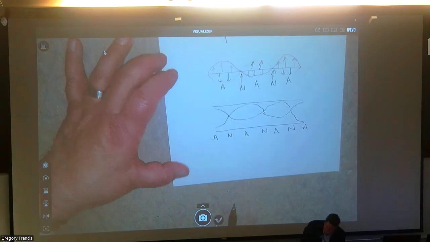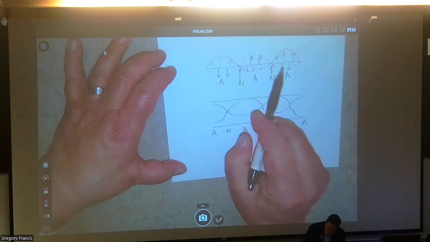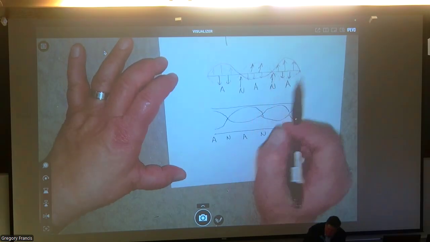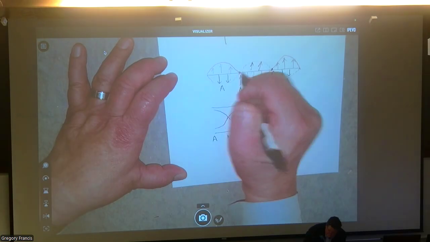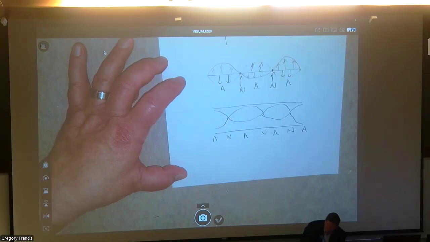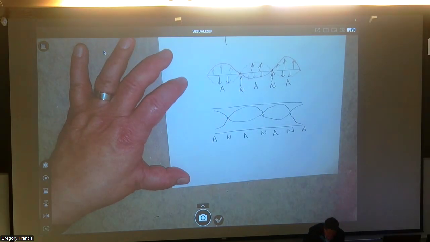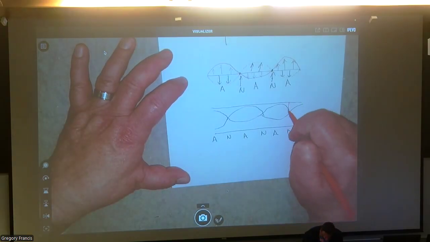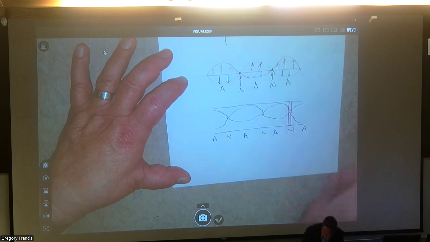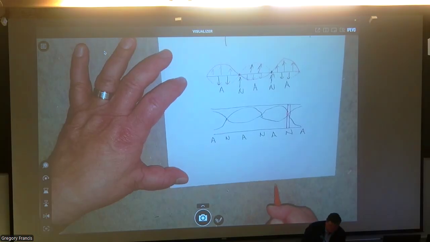Now, whereas in a string, the node is just a single point, it doesn't move. But in an organ pipe, the location of the node represents a whole layer of air molecules, okay?